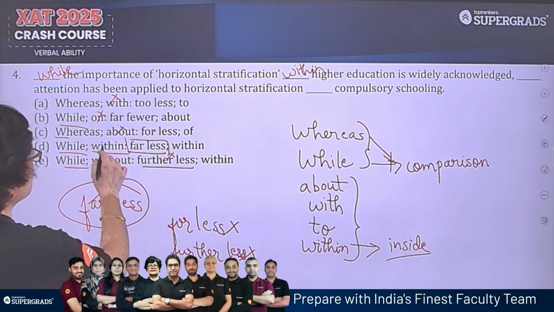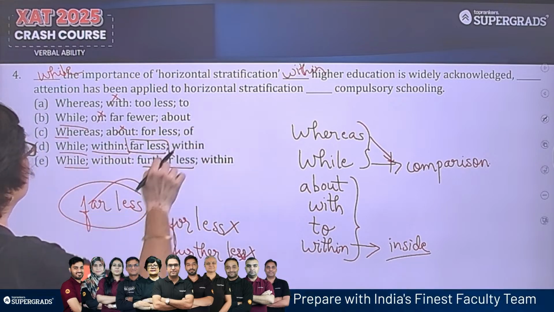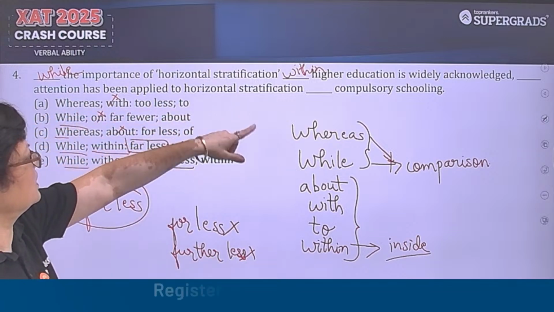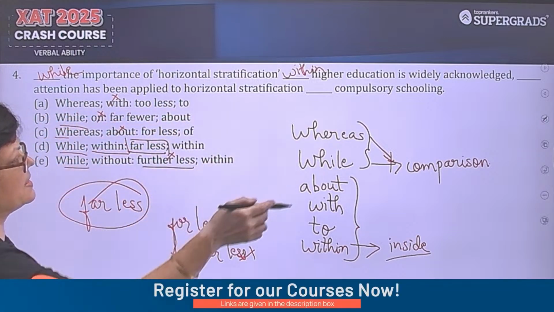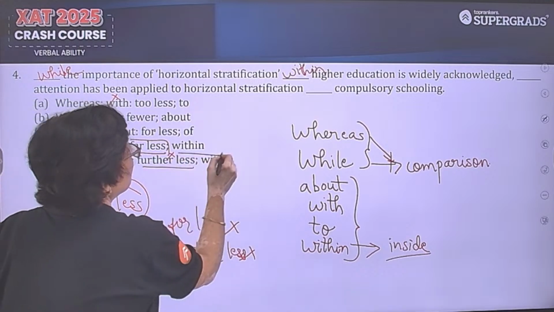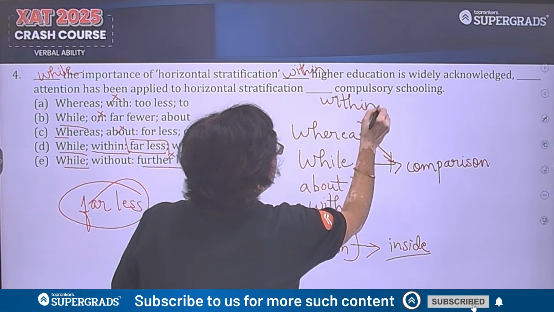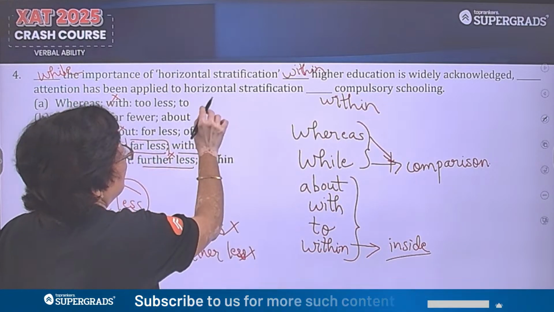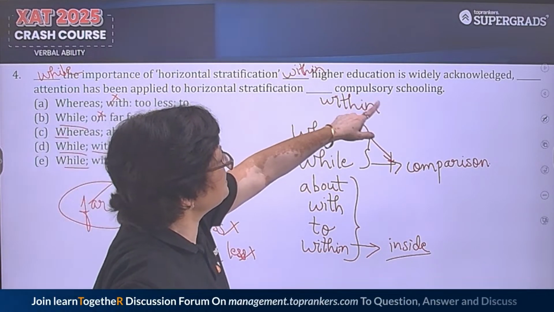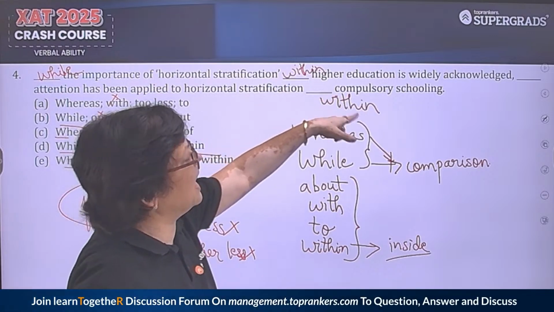So, far less attention has been applied to horizontal stratification within compulsory schooling. So within fits in here also. He is talking about stratification within compulsory schooling, stratification within higher education.